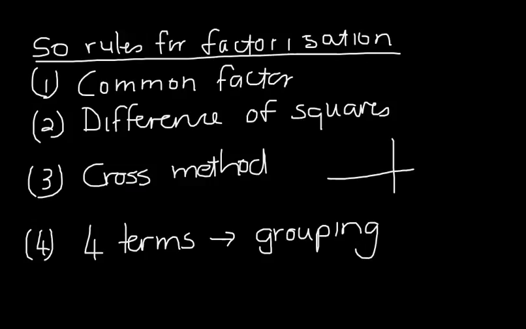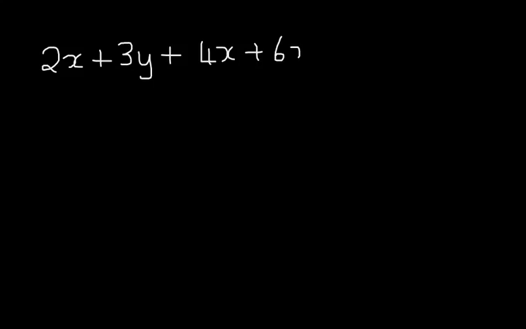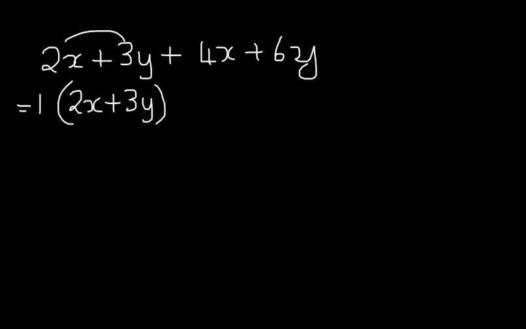So we're going to look at an example with grouping. You have something like 2x plus 3y plus 4x plus 6y. If you group the first two, you can take a 1 out as a common factor, so that gives you 2x plus 3y.